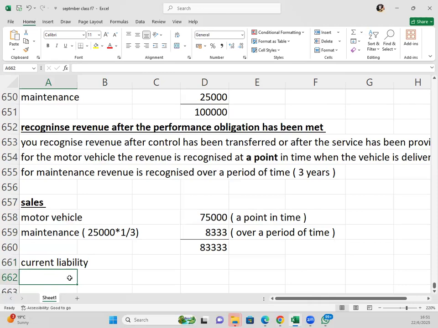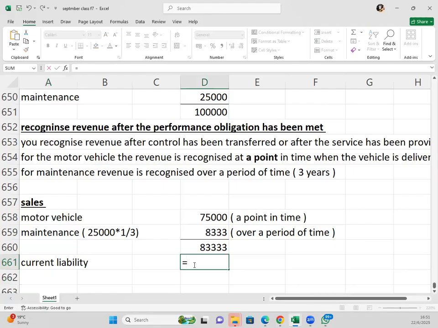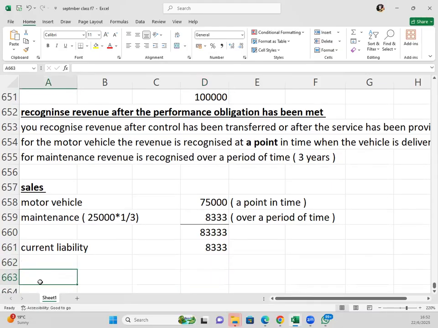So the amount we are going to recognize as revenue next year, that's the current liability. That's the other 1/3. Then the other 1/3 that you recognize after 12 months is non-current.